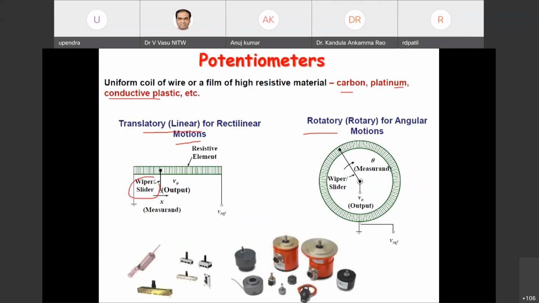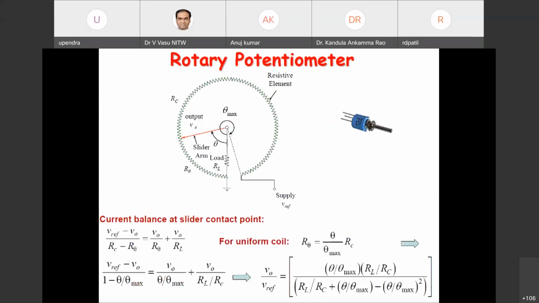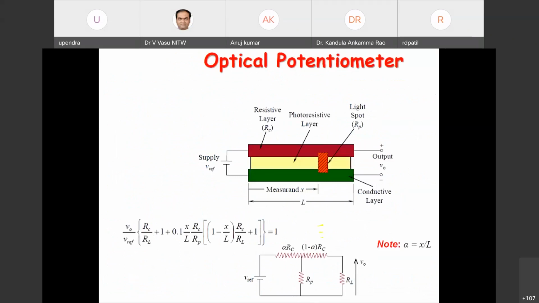Depending upon the movement, the resistance changes, and the change of resistance corresponds to a voltage. That voltage indicates the displacement. Similarly, for the rotation theta, depending upon the slider rotation, we get an output voltage, and that is correlated to the angle.